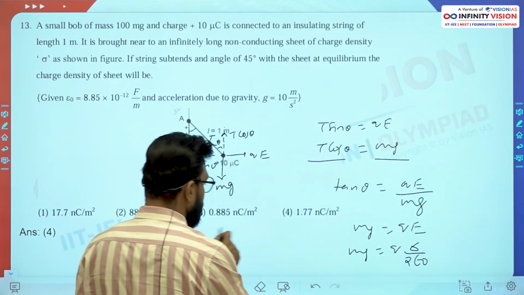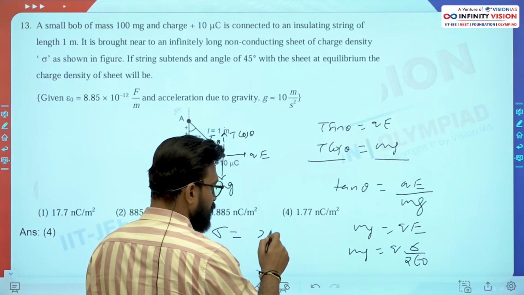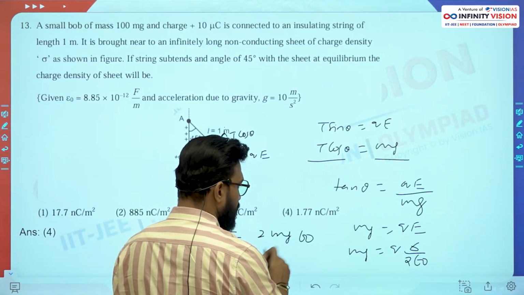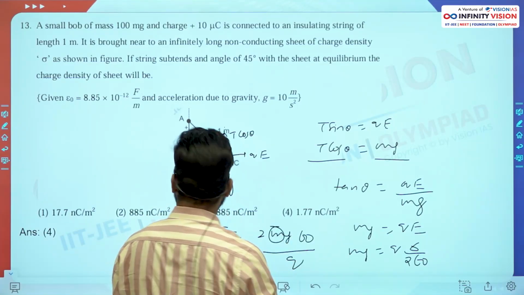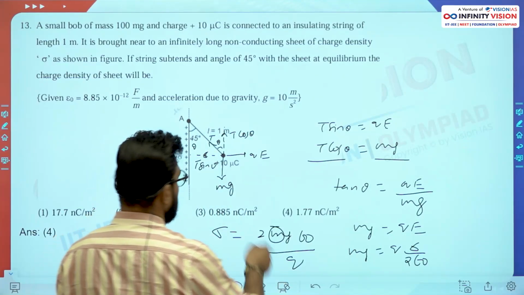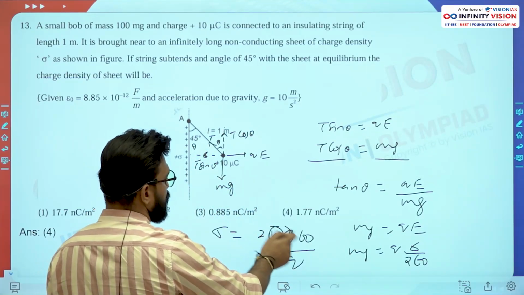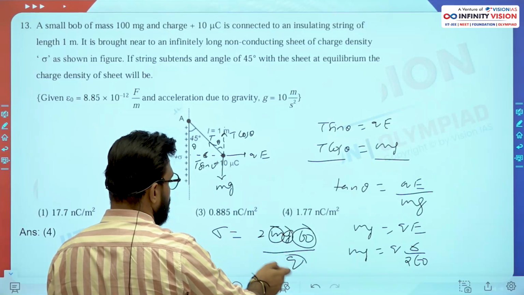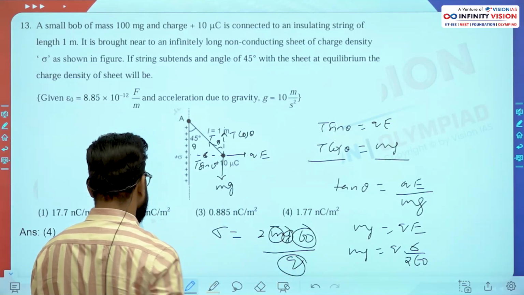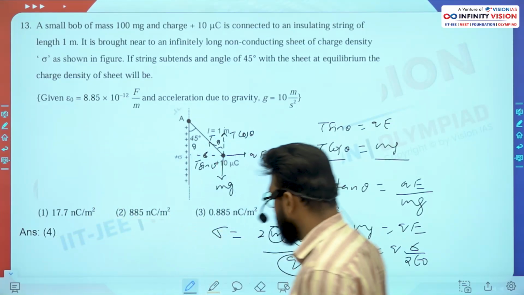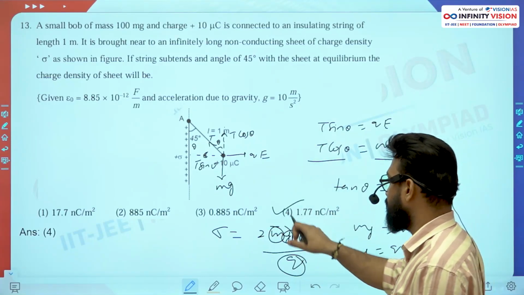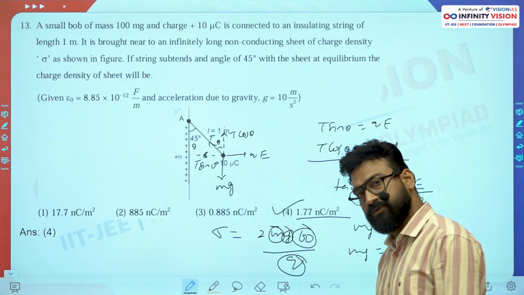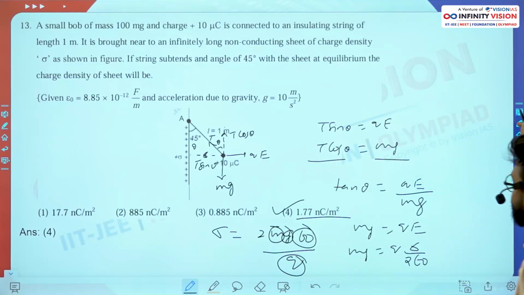So sigma comes out to be 2 mg epsilon naught by Q. Mass is already given to you, 100 milligram, converted into kg. g is also given to you, epsilon naught is already given to you, and charge is also given to you. From this you can easily calculate the charge density in nanocoulomb per meter square, and it comes out to be 1.77.